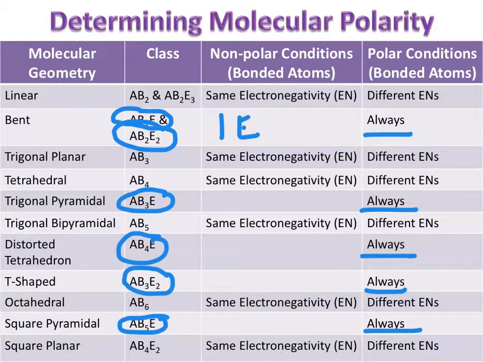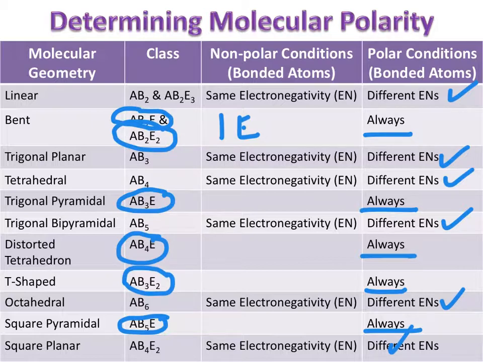And finally, the AB3E2, the T-shaped, will always be polar. The others, as you can see here, require looking at whether we have different electronegativities around the central atom. Can we find some way of making it symmetric or not?